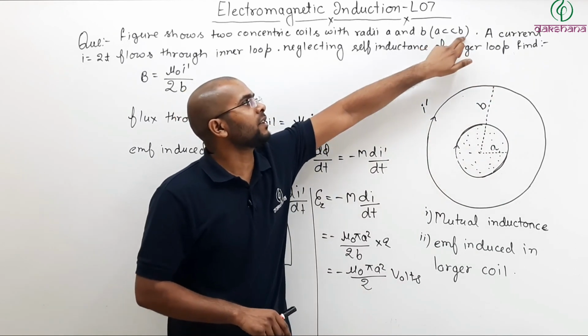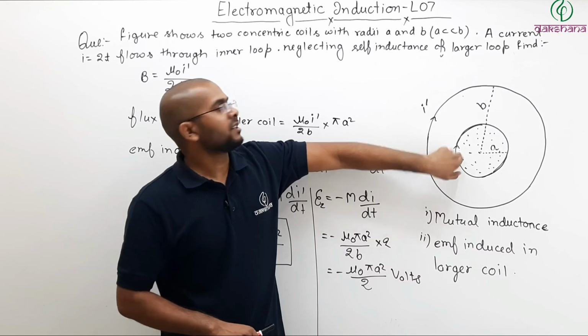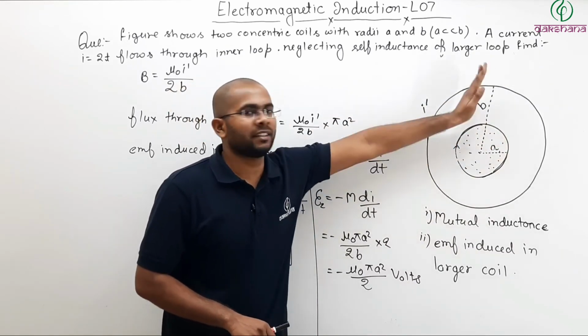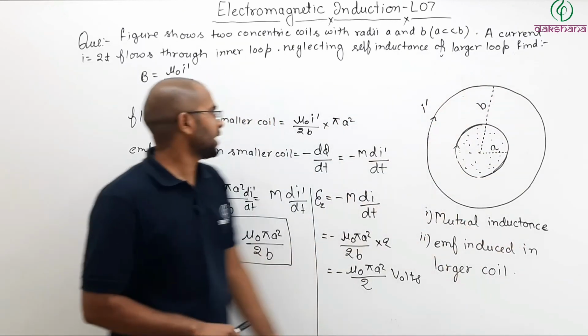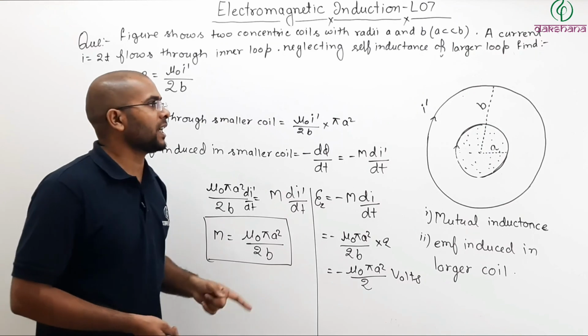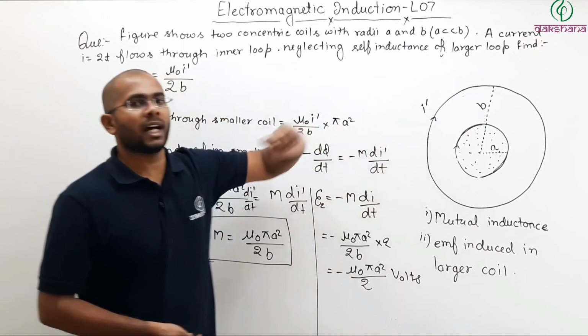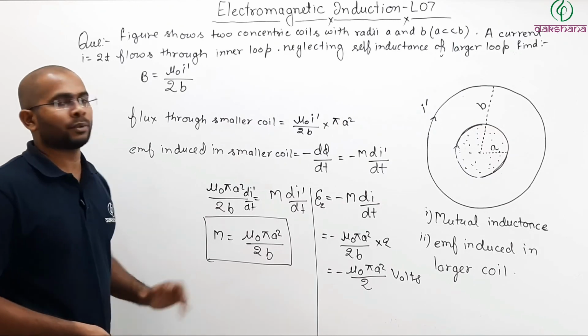Why? Because a is very small compared to b. If you would have taken I here, then you cannot take the magnetic field anywhere to be the same. The magnetic field will be different in this entire area. Then calculating the flux will be very difficult for you. That is why I took I' through the larger coil and then calculated your mutual inductance. Pause the video, note it down.